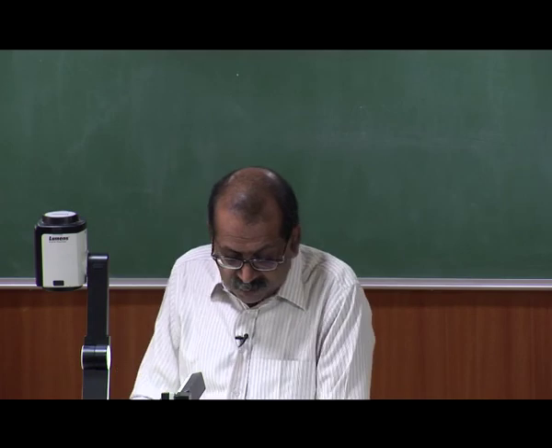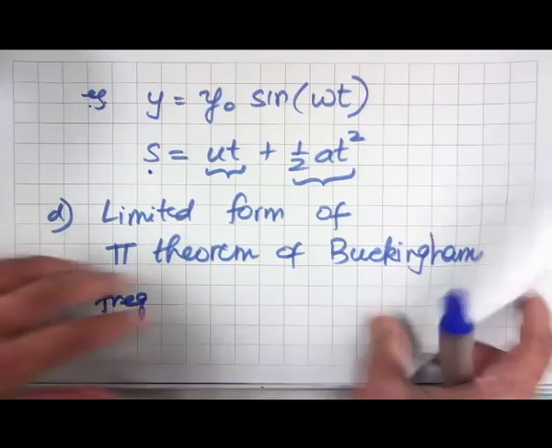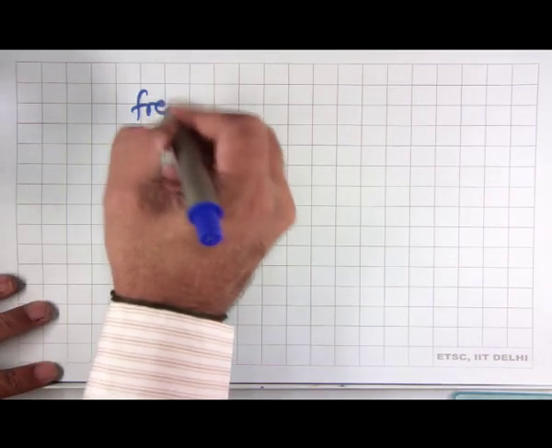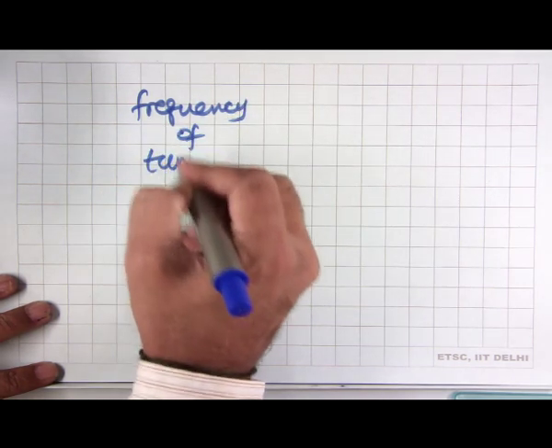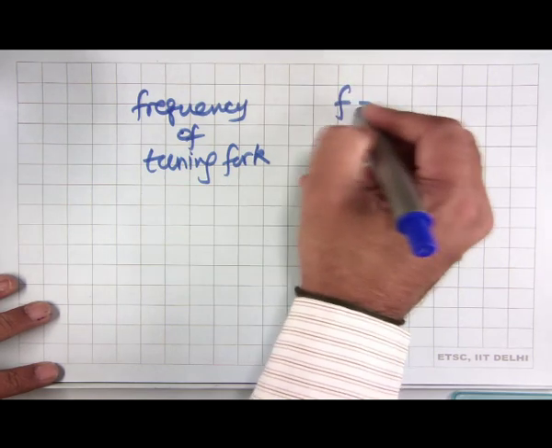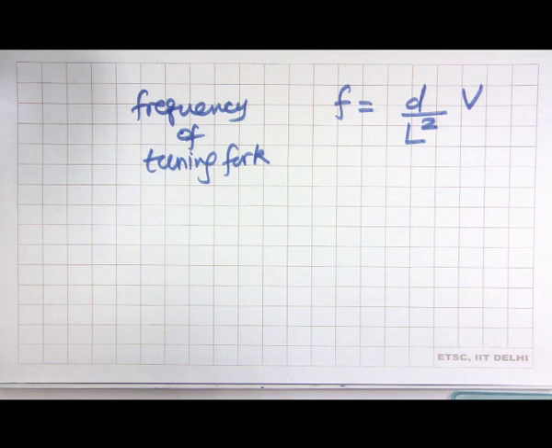See, for example, there is a formula for the frequency of a tuning fork. The formula for frequency of a tuning fork in some conditions is given as frequency is equal to d by L square times v.